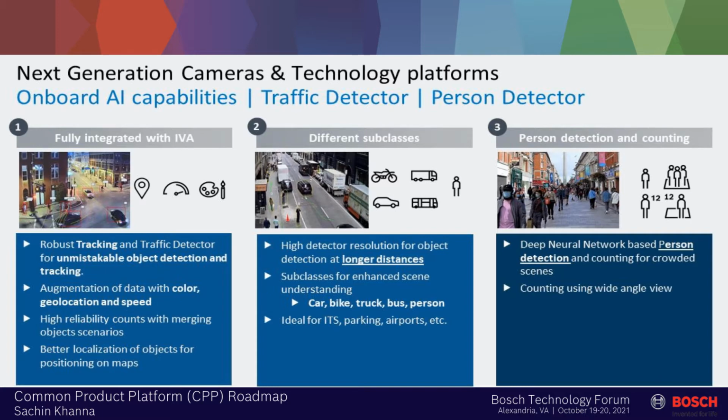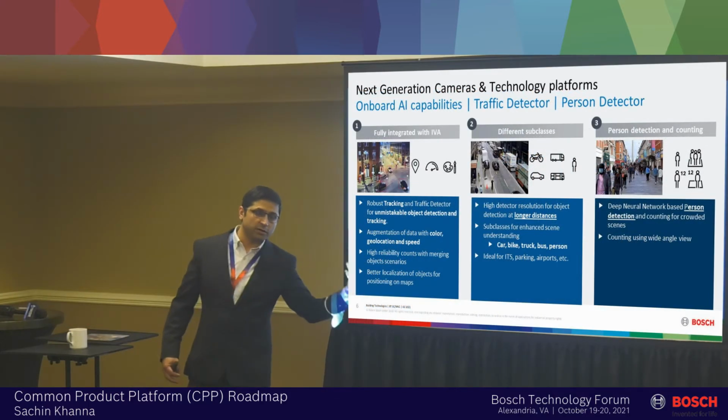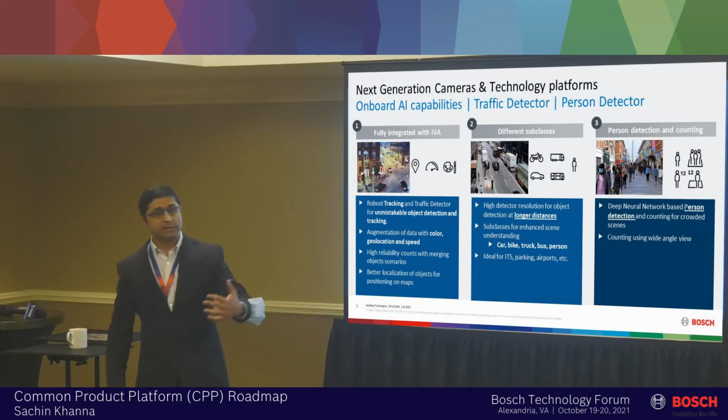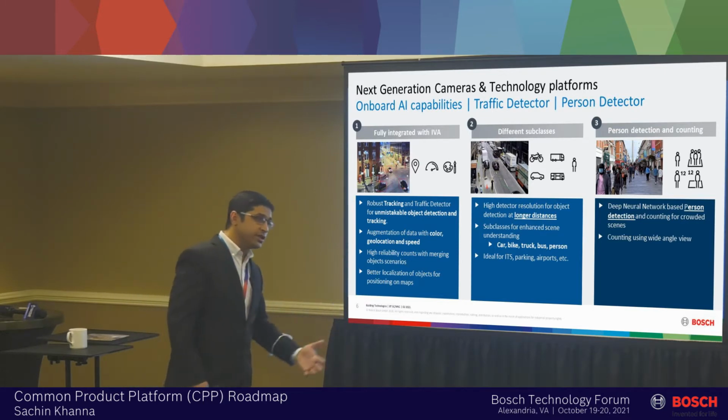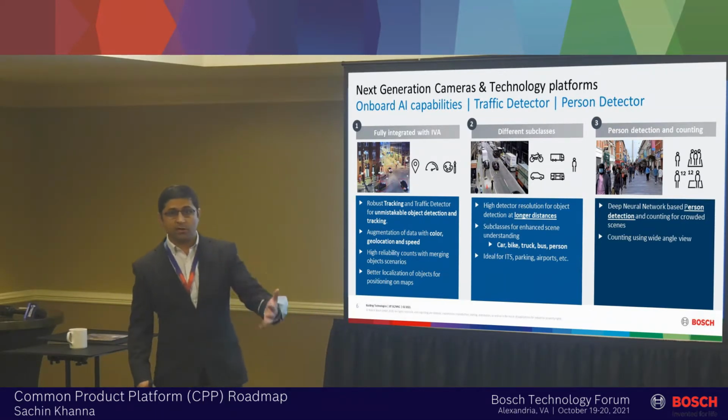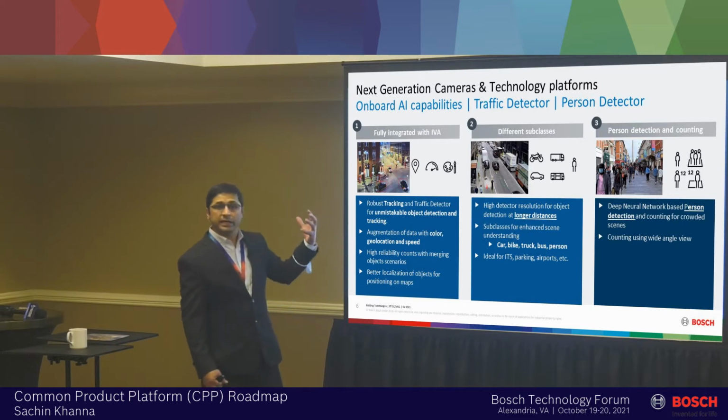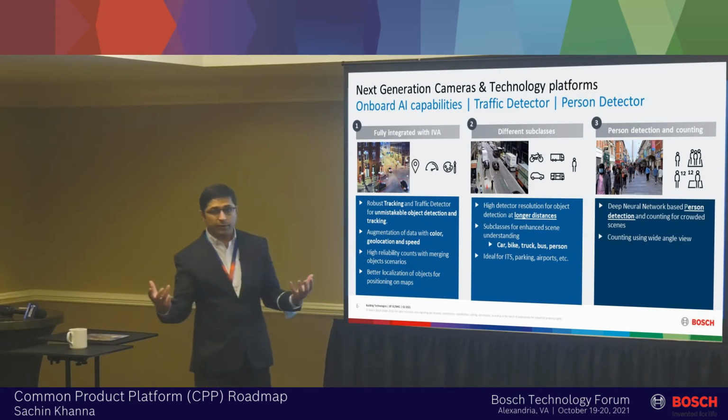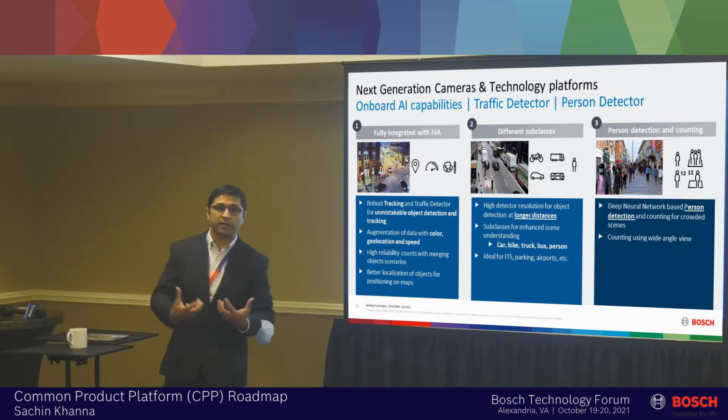So what we do is that our detectors are part of what we call over here the fully integrated IVA framework. All the features that I talked about, we have our robust object detection for outdoor, for rain, snow, all that stuff. We take that video analytics capability and our AI detectors, and they both work in a common framework.